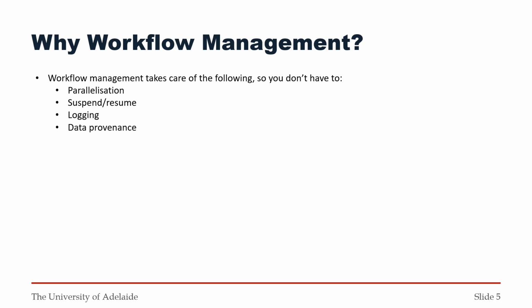It can take care of suspending and resuming jobs that fail for whatever reason, so that you don't have to faff around with resubmitting small chunks of your code and needlessly rerunning things that were successful previously. They usually also take care of logging, and data provenance is usually quite a big feature of these things, so that you have a record of what was done. You can potentially reuse that workflow at some future date, and other users can take that pipeline and rerun it.